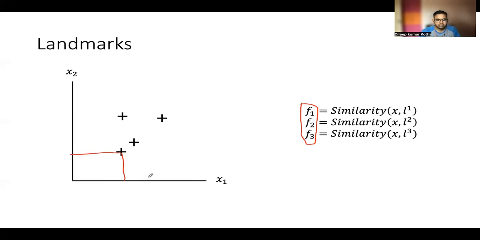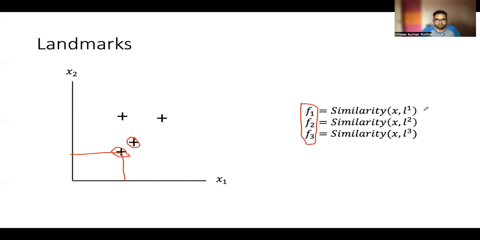You do some calculation, and then you get the similarity function value for this landmark from x1 and x2. In a similar manner, you do the similarity function calculation for this landmark.